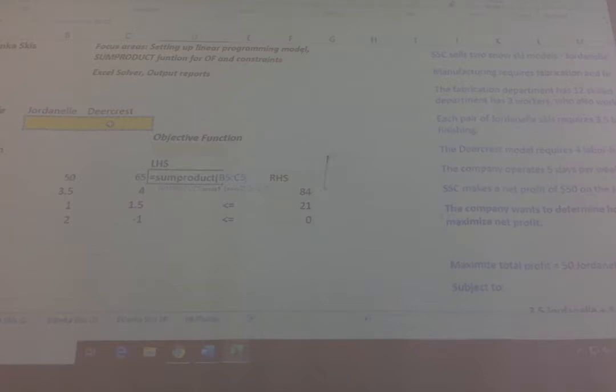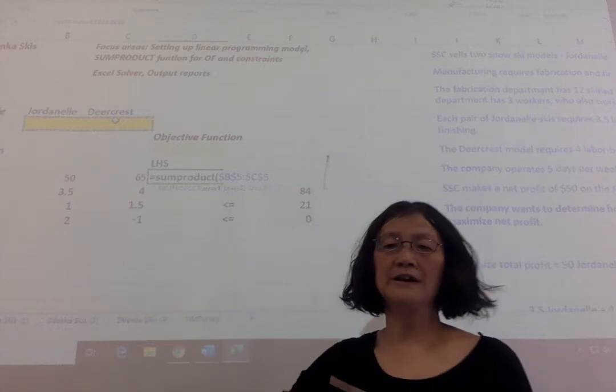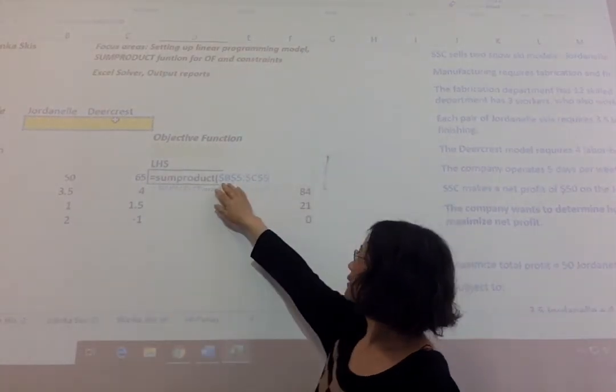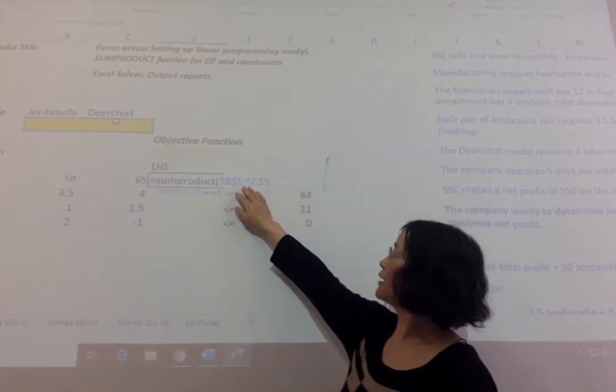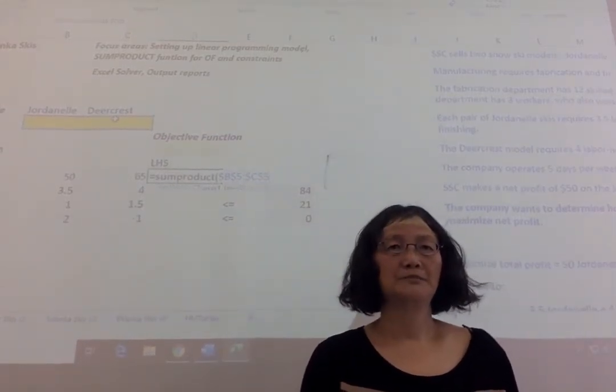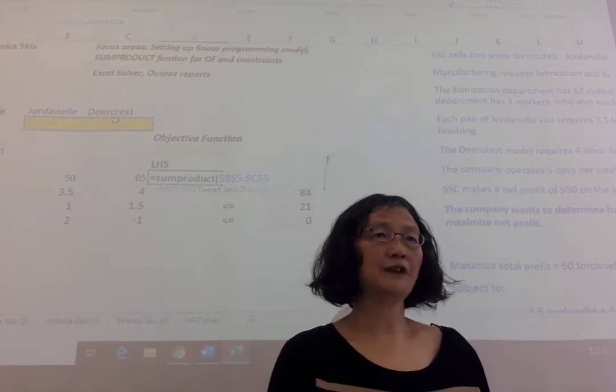Because this number of units will apply to all the situations, I am going to use a fixed cell reference by pressing the F4 button. So press F4, make sure it is an absolute cell reference: $B$5, column, $C$5.